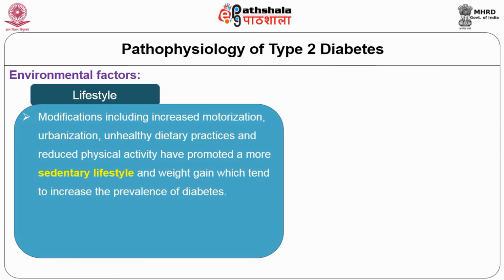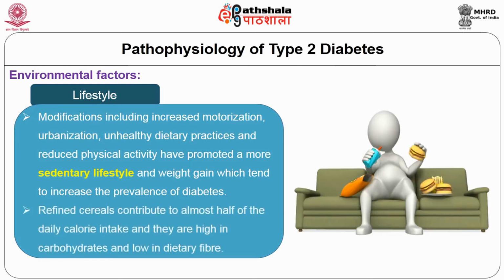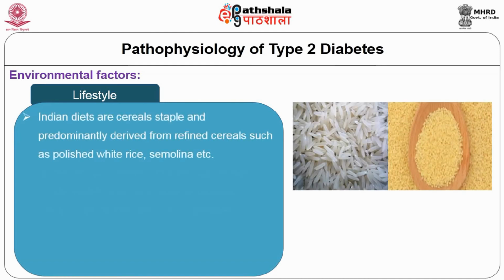And coming to the genetic factors in the pathogenesis of type 2 diabetes, various genes are involved. In India, three-quarters of type 2 diabetic patients have a first-degree family history of diabetes, which suggests familial aggregation.